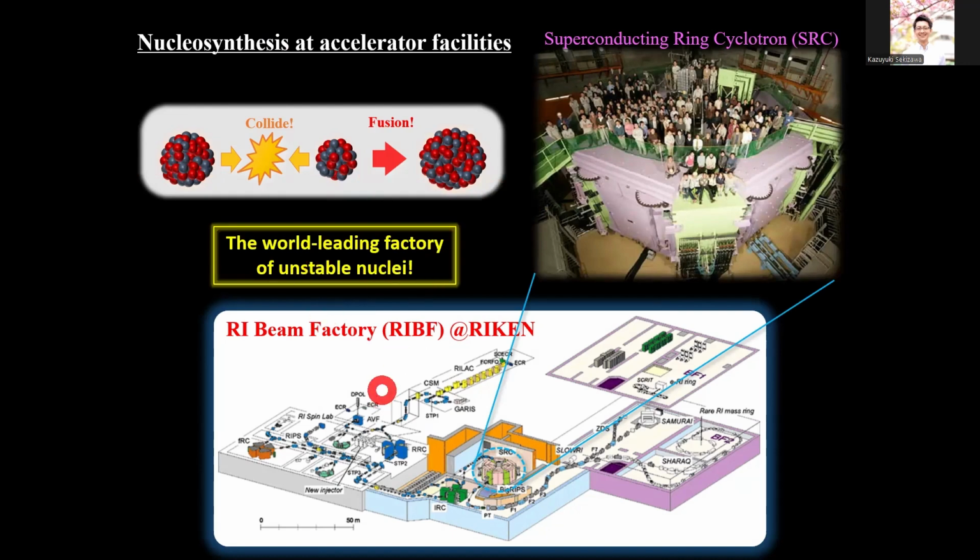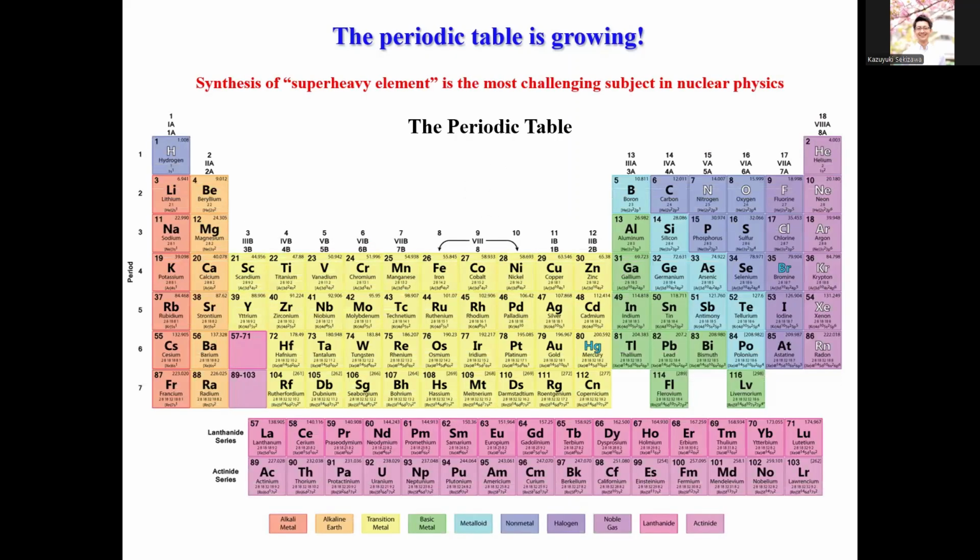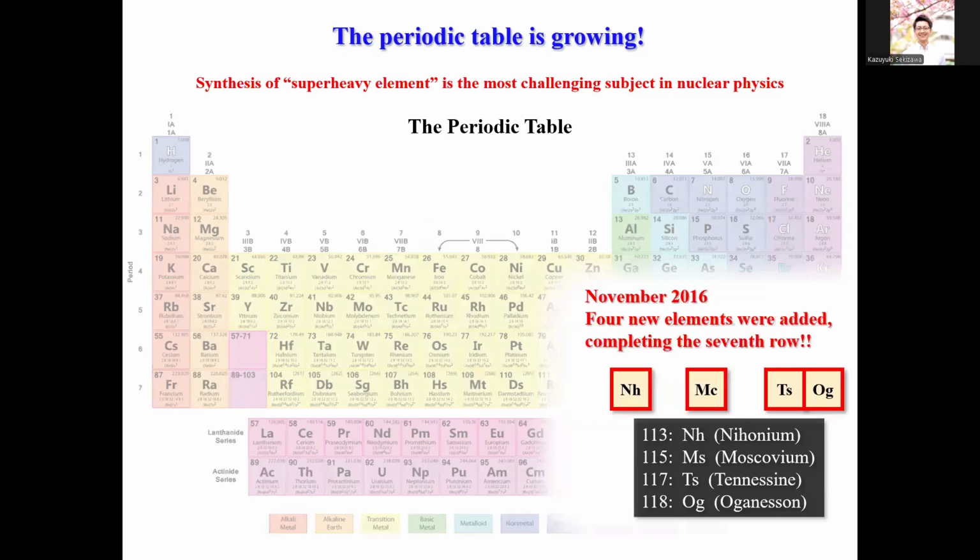So actually this RIBF, the Radioactive Ion Beam Factory, is a world-leading factory of unstable nuclei. The point is, maybe you know that the periodic table is growing, I mean, new elements are being added, and it was already about 9 years ago. Four elements have been added to the periodic table: nihonium, moscovium, tennessine, and oganesson.